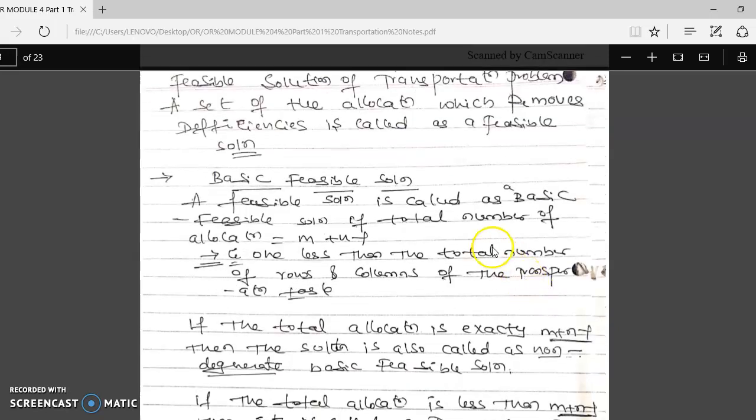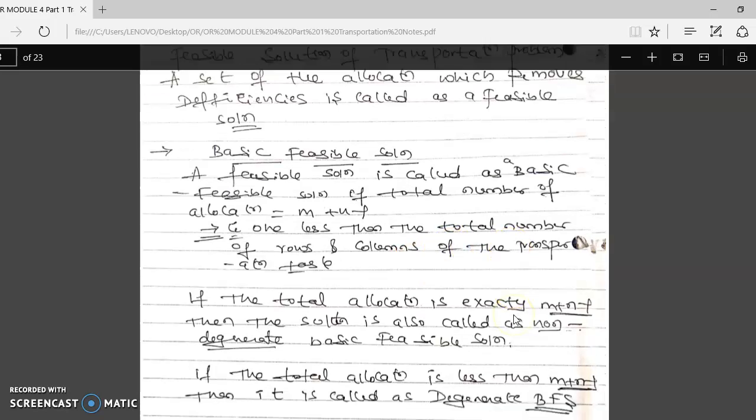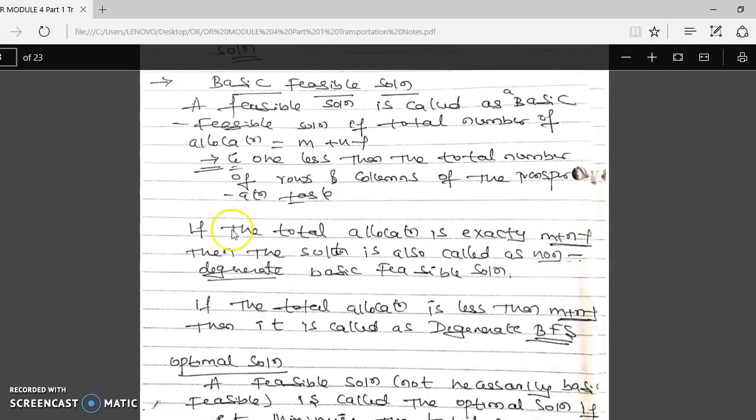A feasible solution is called a basic feasible solution if the total number of allocations is equal to m plus n minus 1. Here m indicates the rows, n indicates the columns, minus 1. Or you can say m is the number of sources, n is the number of destinations, minus 1. The given transportation problem is classified into two types: either non-degenerate or degenerate.